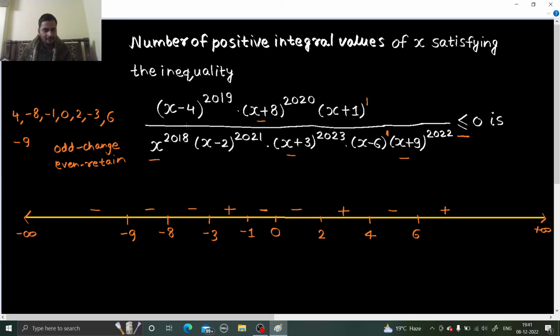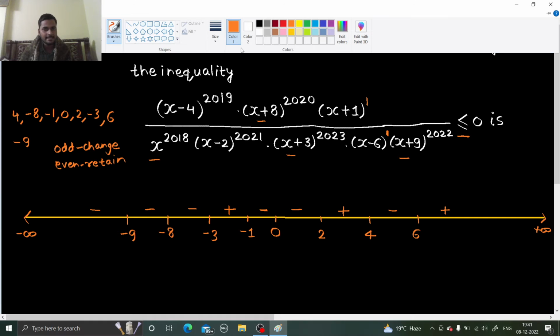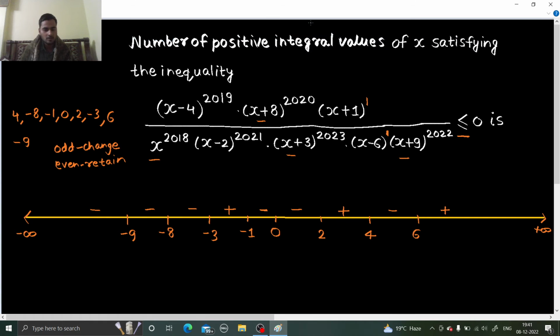Starting from this bracket, 4 will make this bracket equal to 0 and the overall expression also equal to 0. So 4 must be a part of our answer. Let's take some other color so that it becomes highlighted. So I'm saying make a filled circle on 4.